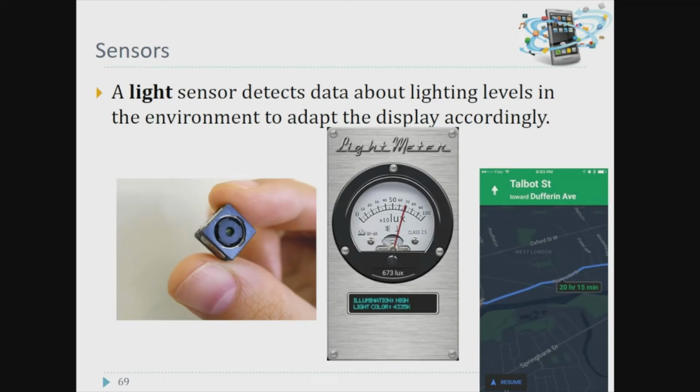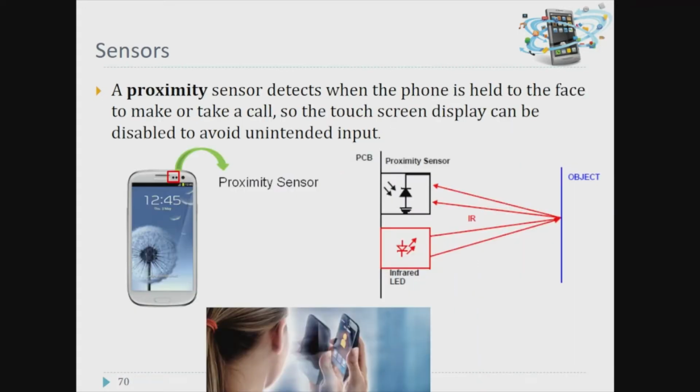And next is the light sensor. It detects data about the lighting level in the environment to adapt the display accordingly. For example, your map at night, so it detects the environment. The next we have proximity.